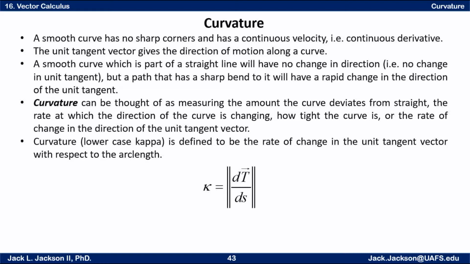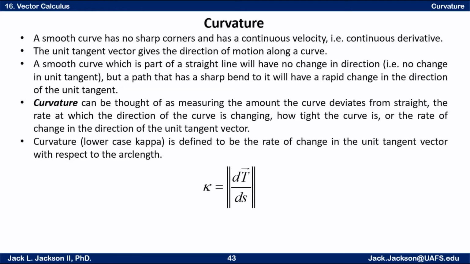Since it has a unit length of 1 the whole time, any changes in the unit tangent vector T are really just changes in direction. So a smooth curve which is part of a straight line will have no change in direction, in other words, no change in the unit tangent. The unit tangent will be the same at every point along a straight path.